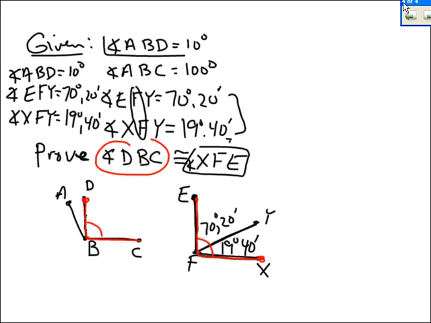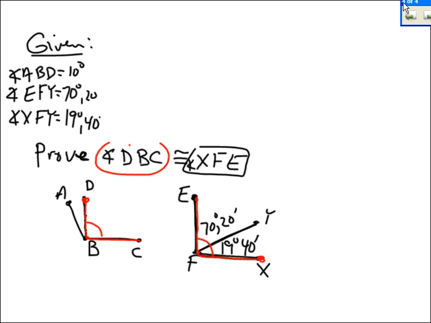I still want to prove the right angles at the bottom. I want to prove that those two angles are right, and then I'll just say, yep, they're congruent. Once I have that these two angles are both right angles, then I can say they're congruent. All right angles are congruent.